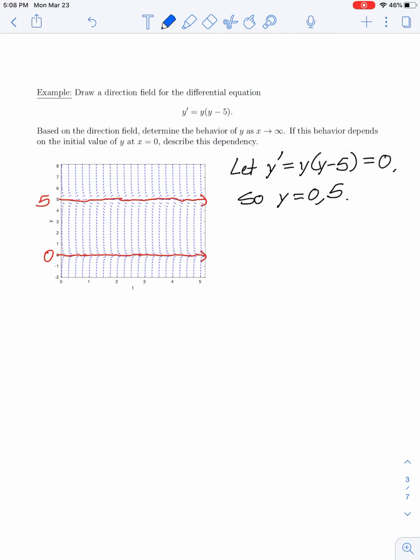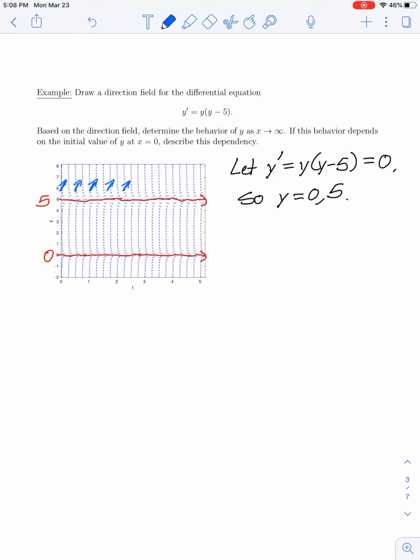So if we were to move, say, upward from 5, if y were equal to 6, then y prime would be 6 times 6 minus 5, or 6. We get a pretty large positive slope right away.